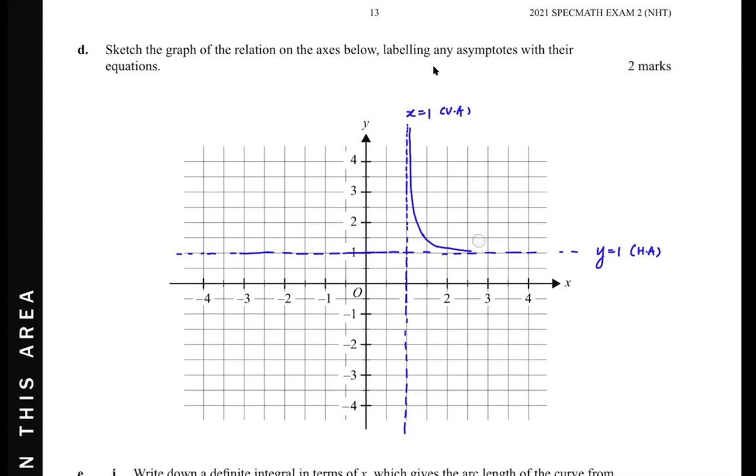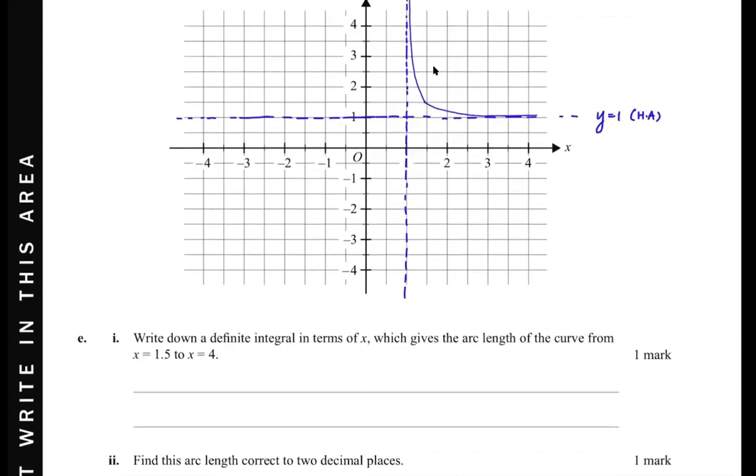Let me switch to a thinner pen and see if I could have done it better. That graph is very hard to sketch. Okay, I think that's the best version I could draw on my iPad. Let's move on to the next one.